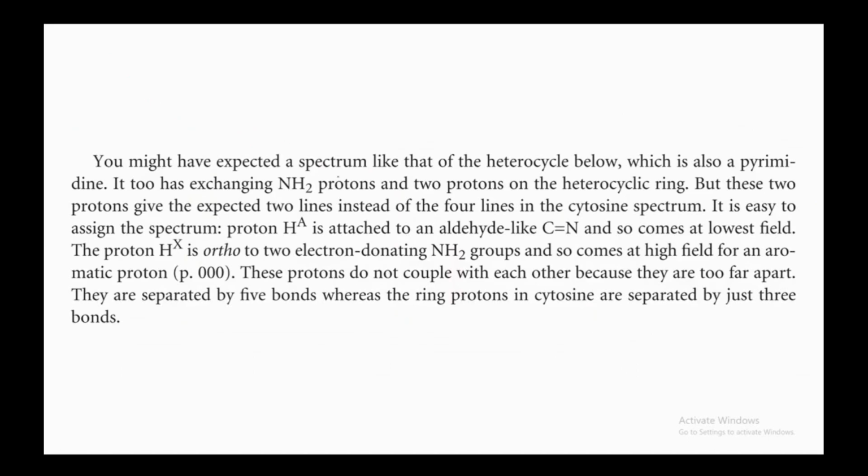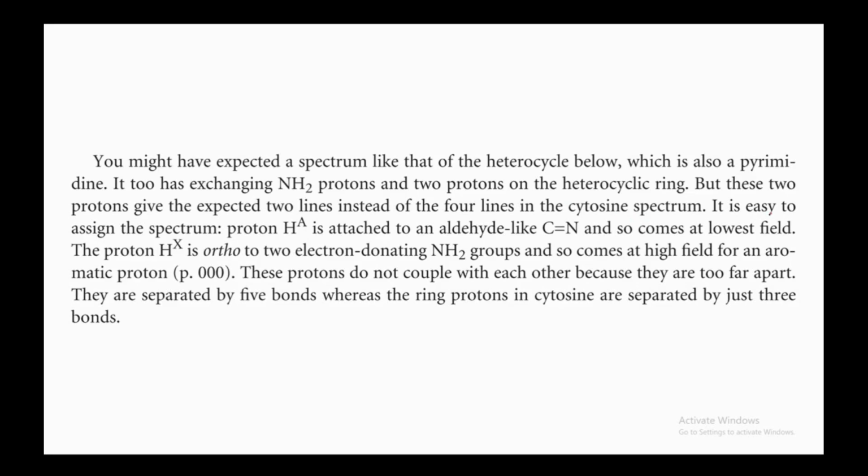You might have expected a spectrum like that of the heterocycle below, which is also a pyrimidine. It too has exchanging NH2 protons and 2 protons on the heterocyclic ring, but these 2 protons give the expected 2 lines instead of the 4 lines in the cytosine spectrum. It is easy to assign the spectrum.